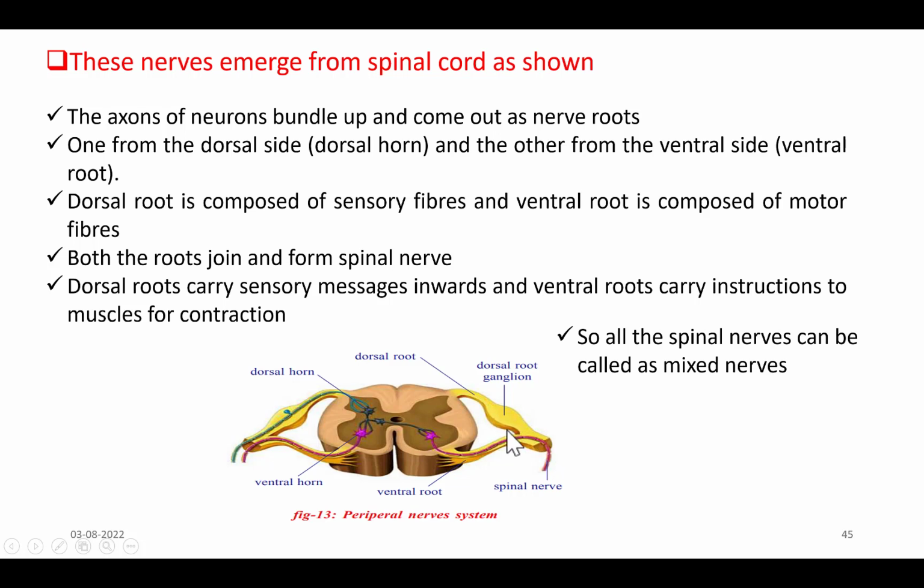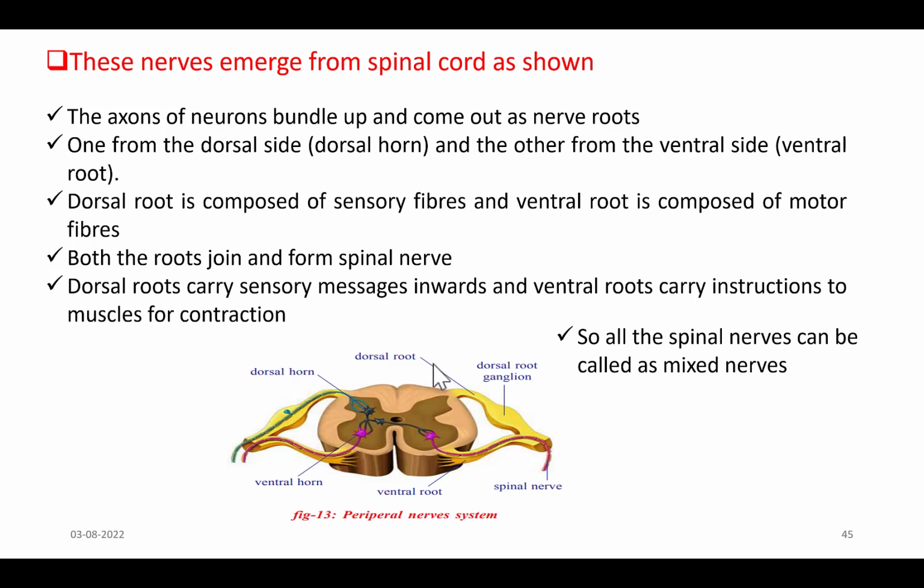See here, this is one spinal nerve, this is another spinal nerve. Likewise, the spinal nerves emerge as pairs. Now got it? How the nerves are coming out? Each nerve has 2 roots, dorsal root and ventral root. And these roots arise from where? Dorsal horn and ventral horn. Did you understand how the spinal nerves are coming out? I hope you understood.